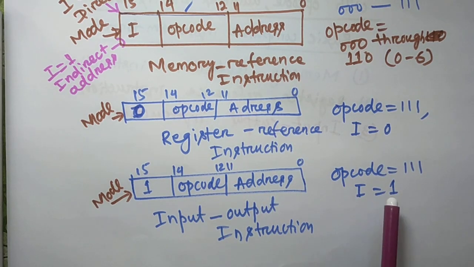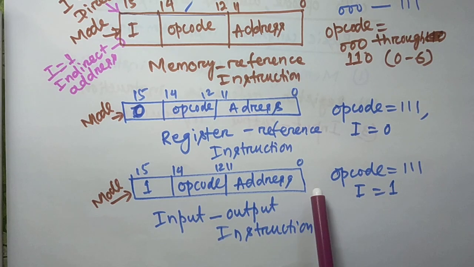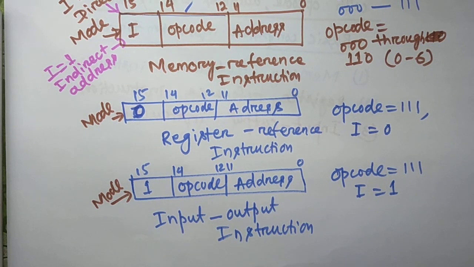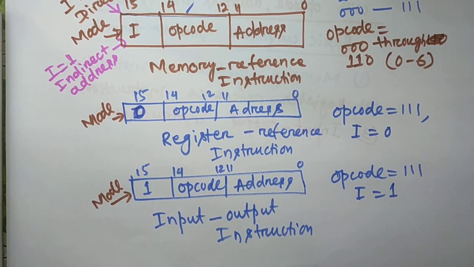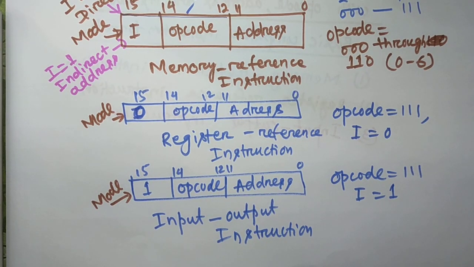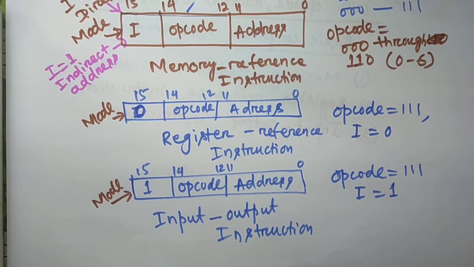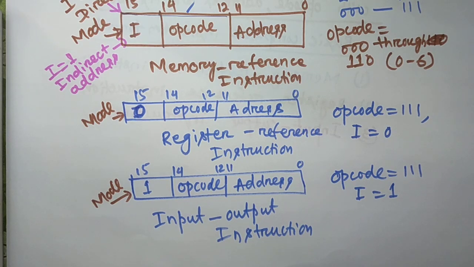If I is equal to 1, with opcode 111, then we call it an input output instruction. This is the basic concept of computer instruction formats. Three types of computer instruction format we normally design. I explained all, so I hope all of you understand this part.